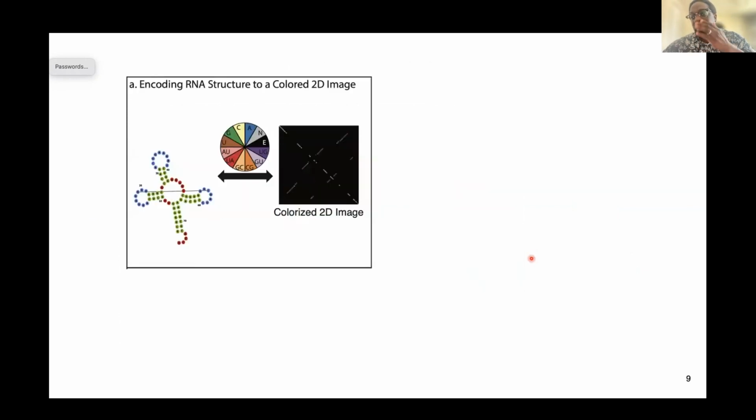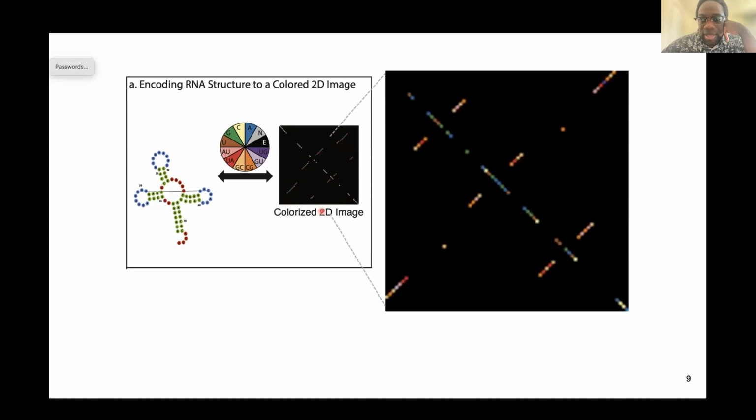The first thing we attempted to do is encode RNA secondary structure as a 2D image. The idea is that you take the secondary structure and create the dot matrix that contains the contacts between individual nucleotides. Then you color each of those positions based on the identity of the nucleotides and/or the base pairs.